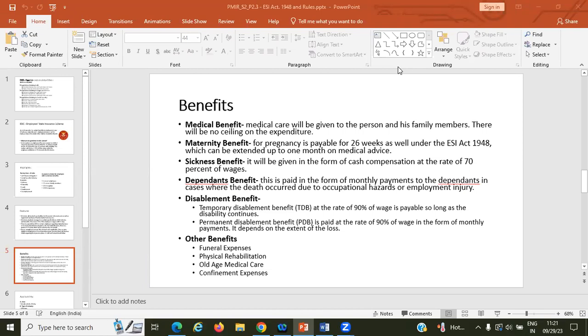Other than that, once you are included in the ESI Act, once you are a member, if your organization is registering you, then you are included, and whatever your treatment, maternity, all these things, you get at the ESI hospital.